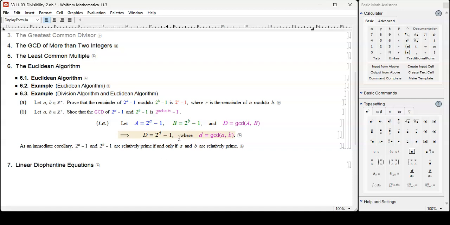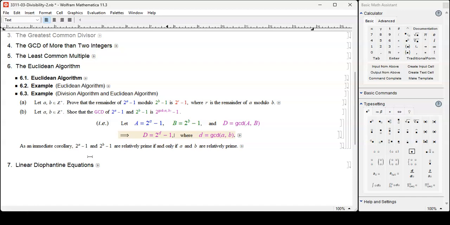Exactly the same way. 2 to the D power minus 1. Do you appreciate this beauty? Same structure is being preserved over in the division algorithm and also in the Euclidean algorithm.